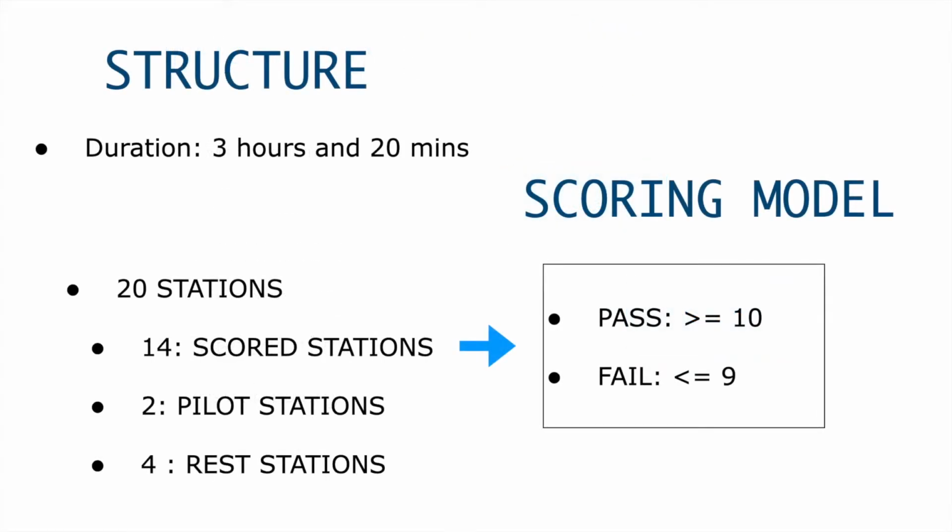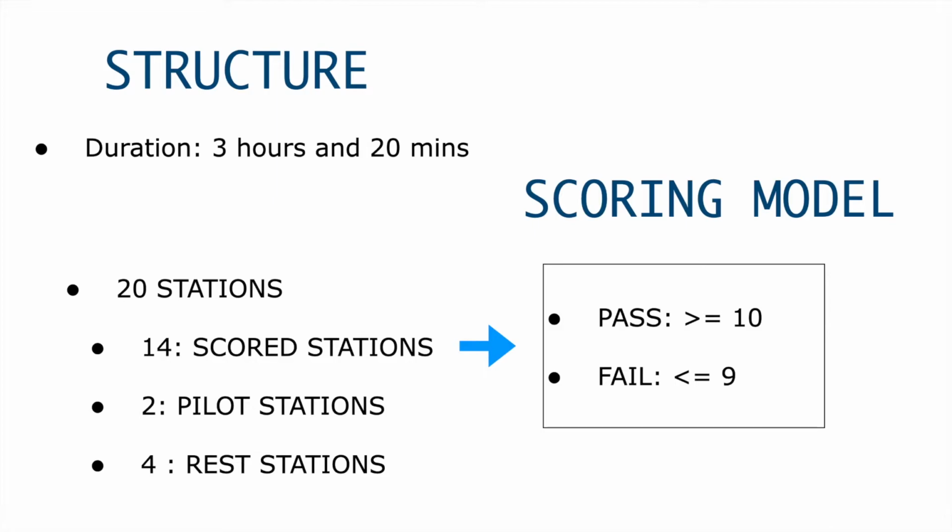Now, talking about the structure of this exam, the total duration of this exam is 3 hours 20 minutes, and you can either go for a morning session or an afternoon session. In each session there are going to be 20 stations, out of which 14 are scored stations, 2 are pilot stations, which means that they are not going to be scored, and 4 are rest stations.